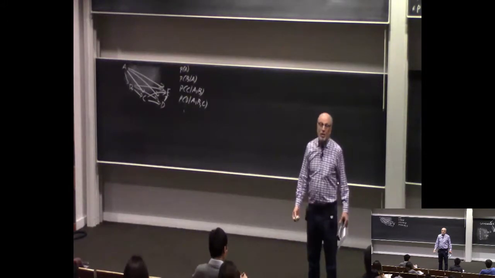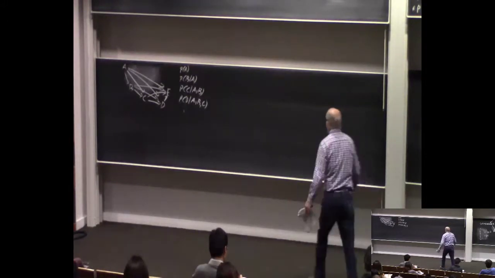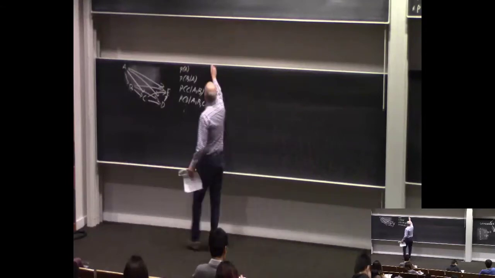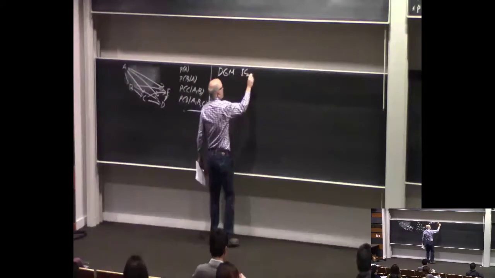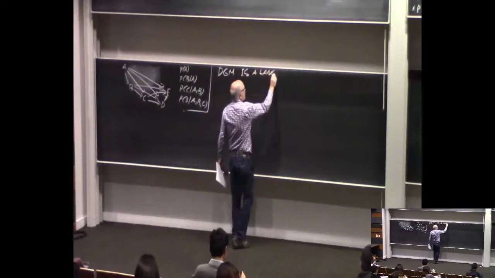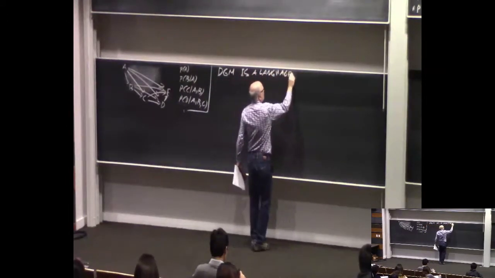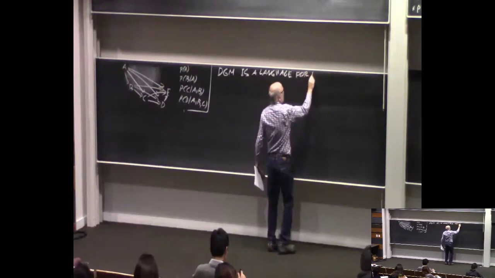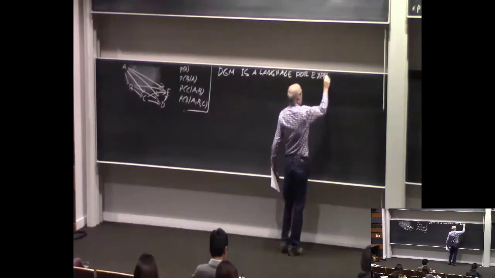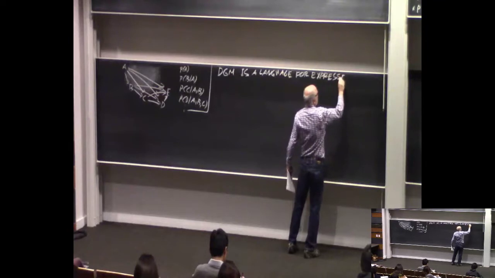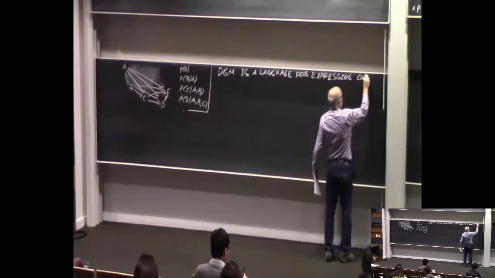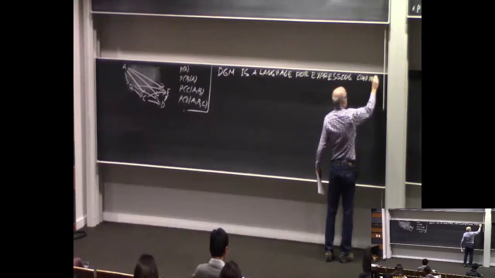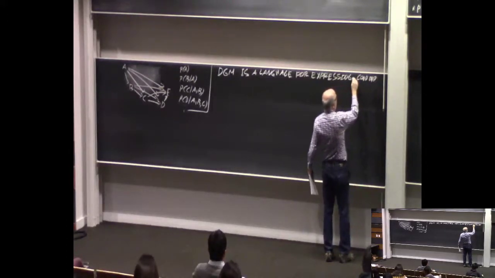And now you can think about DGM as a language for expressing conditional independence, or equivalently, hard bias.